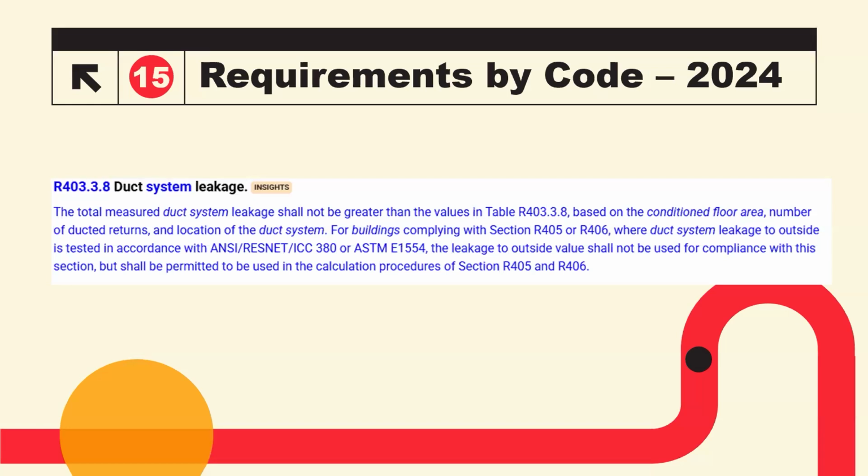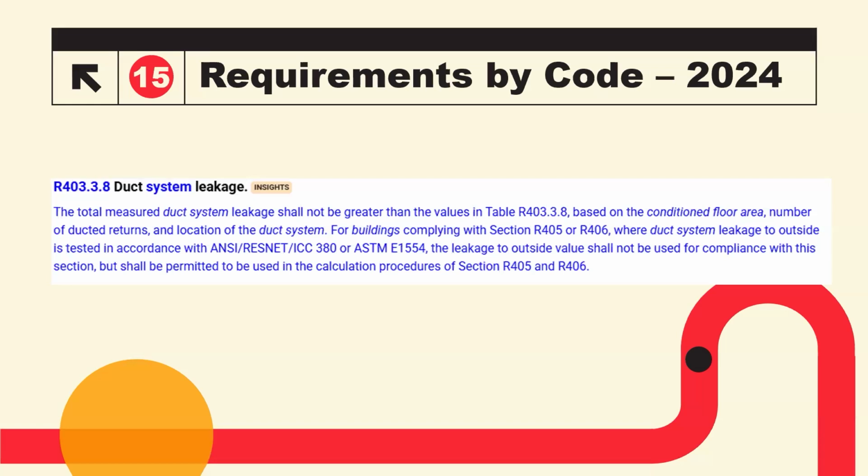But in the 2024 code, it was kind of addressed, because there are people still using ResNet's 380 testing to be performed for performance or ERI. If you're familiar with performance and ERI, the testing scores can fluctuate as long as they're traded off with other things.